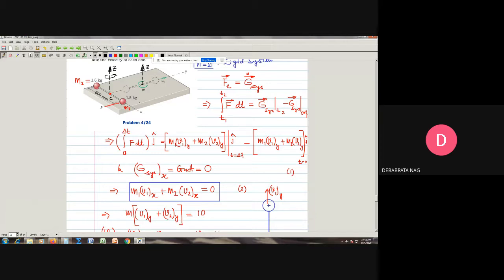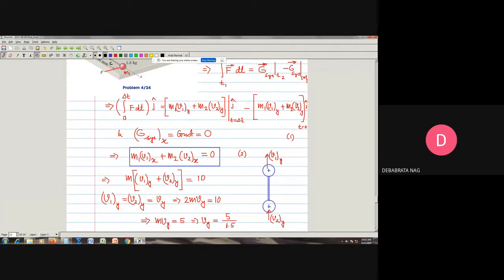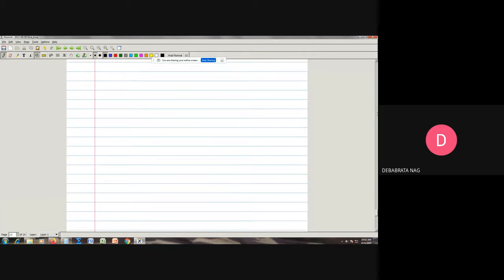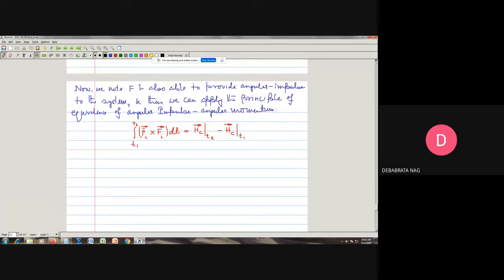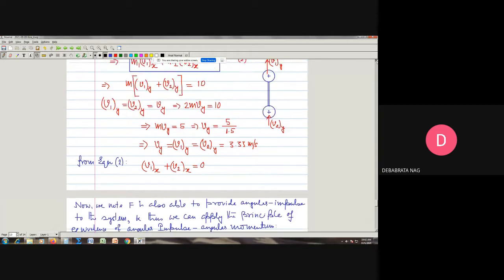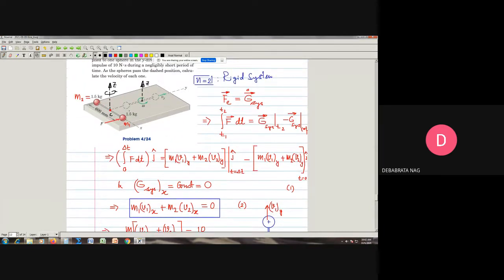And since we noted from the conservation principle of linear momentum along the x direction that the velocity of these two particles in the x direction is going to be constant, right? If this is your y-axis and this is your x-axis, this is m1.